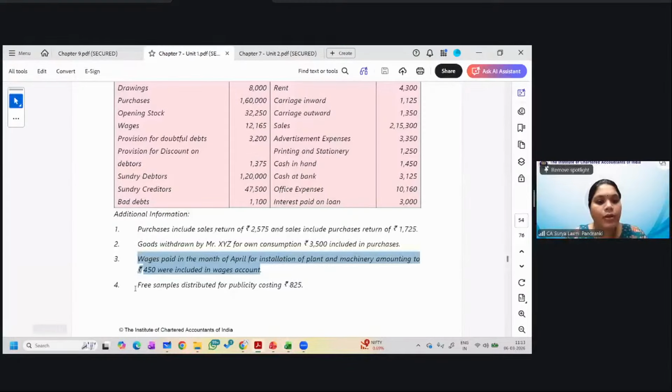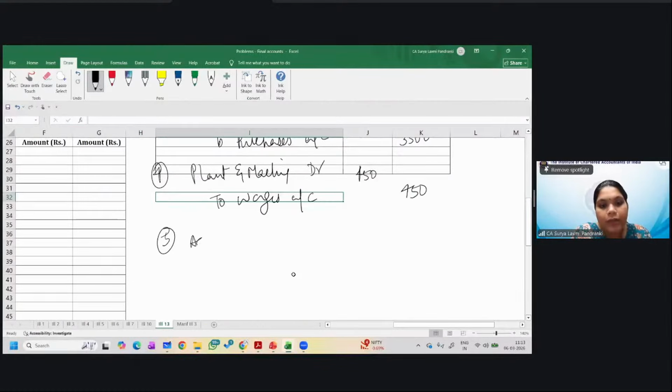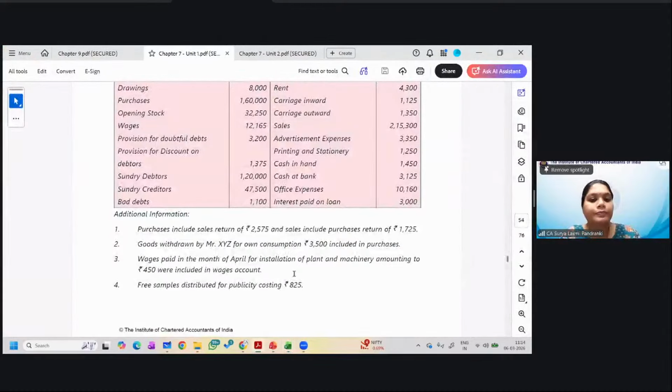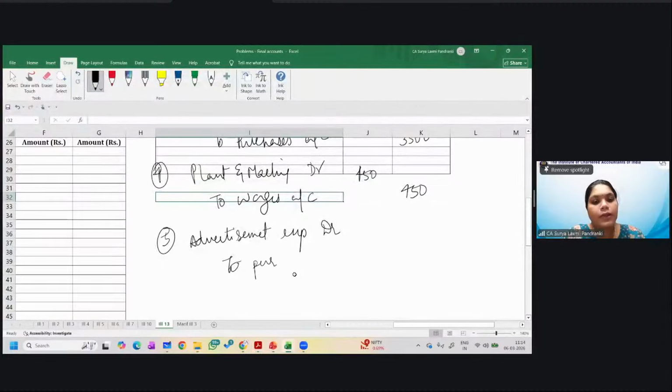And what is the next one? Free samples distributed for publicity costing 825, right? So this is a part of your advertising expense. So our advertising expenses have to be debited as an expenditure. And what will you credit here? These will be part of your purchases only, correct?